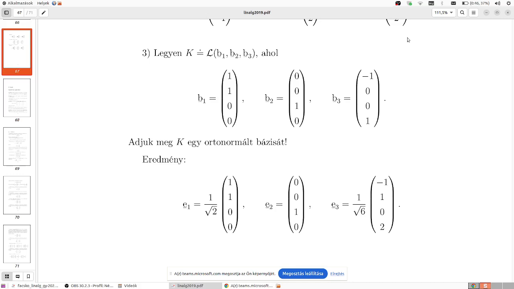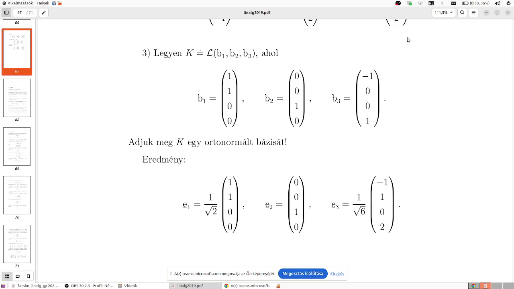So the A1, it's very simple. The length of this vector is just square root 2, because you know it's 1 squared plus 1 squared plus 0 plus 0.